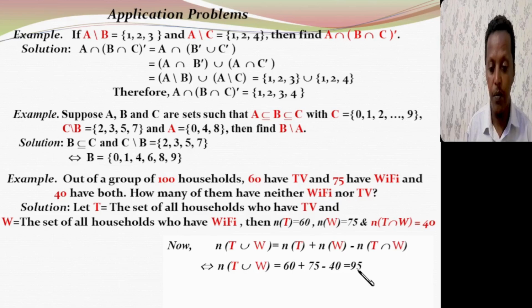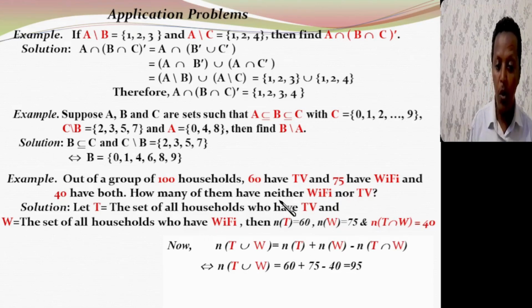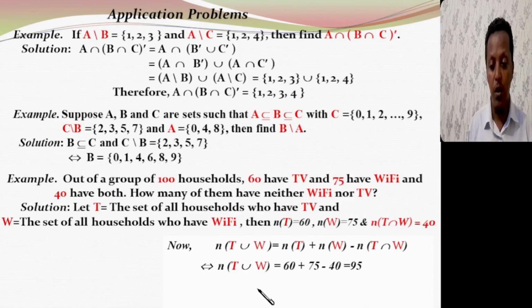95. So the question is, how many of them have neither Wi-Fi nor TV? We have a total of 100 households. Those having TV or Wi-Fi are 95. So 100 minus 95, 5 households will have neither of the two.